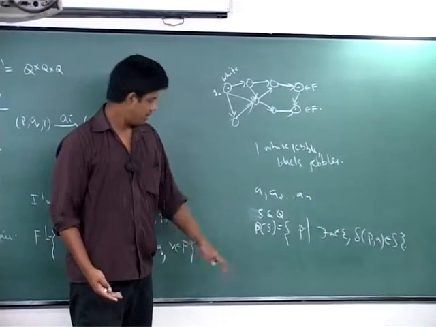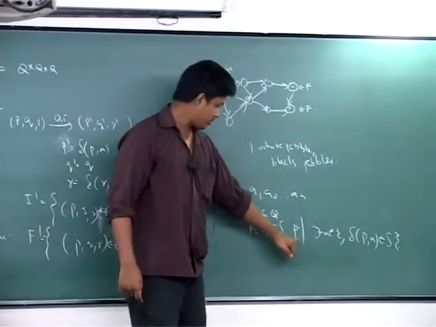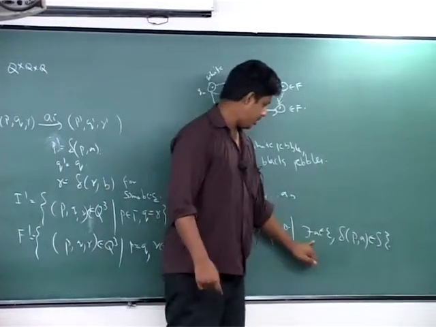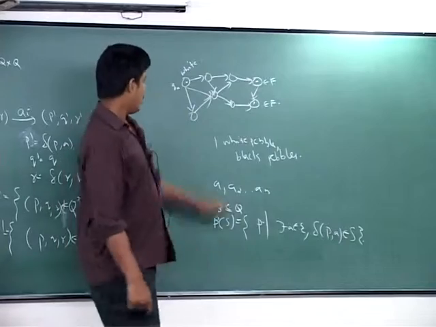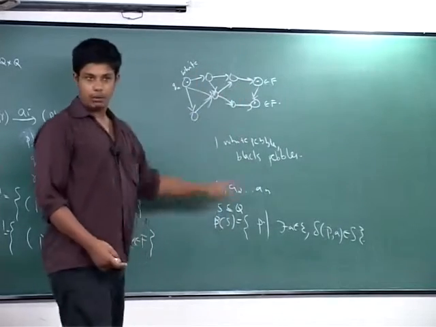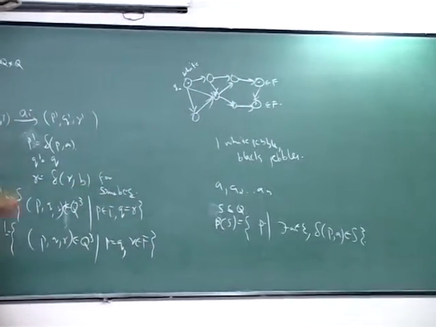Is it clear? B of S will be all those states P such that from P I can reach a state in S, right? Now the same construction, how do I formally write this construction?